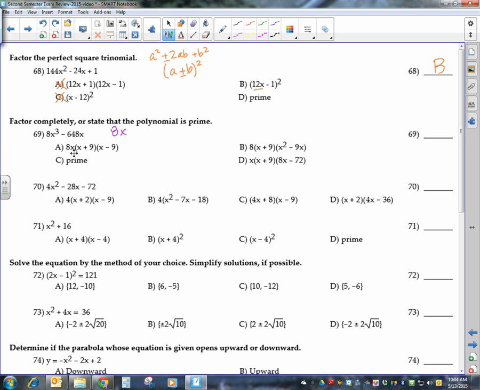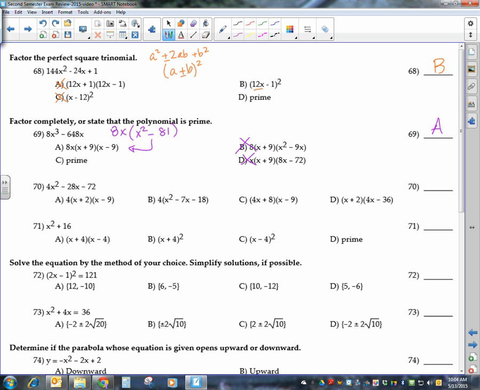And if you don't know, it's either going to be 8x or 8 according to the answers. If it's 8x, that leaves me with x squared minus 81. Okay, well that's not it. So it's one of these two. Can this become that? It is. That's the difference of two squares, x plus 9, x minus 9. So your answer is A.